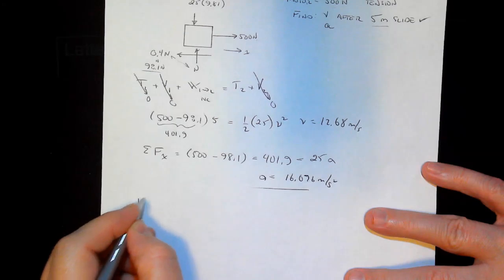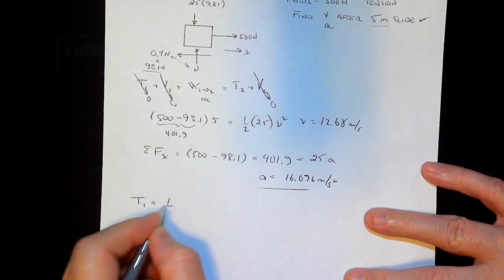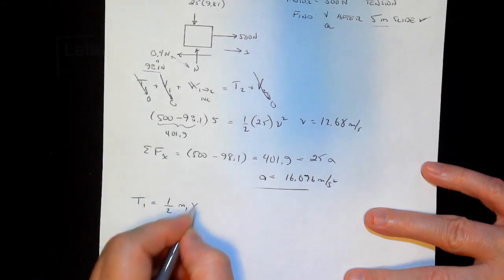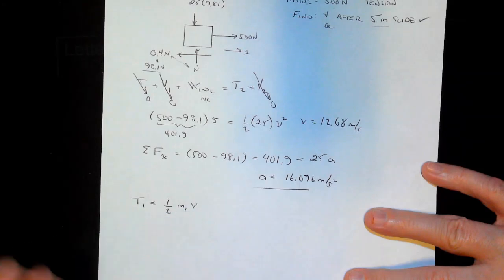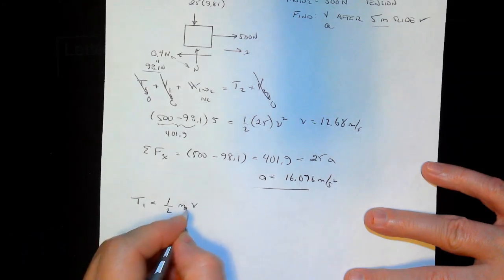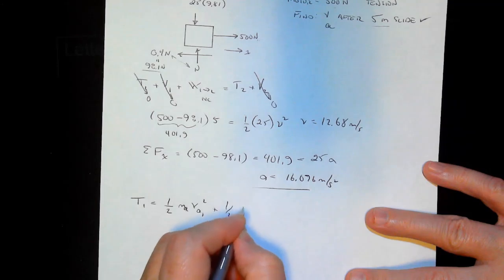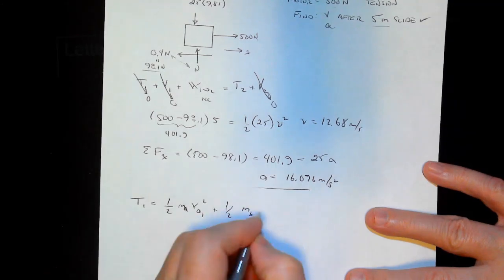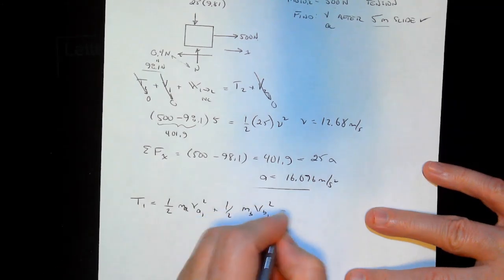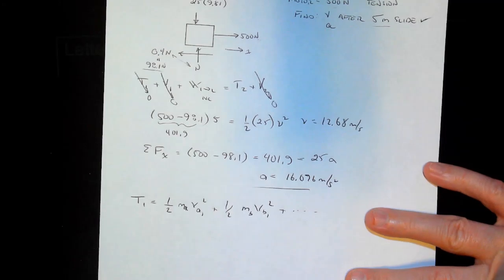You would simply say T at state 1 would be 1/2 mass A, VA1 squared, plus 1/2 mass B, VB1 squared, if there's another mass, and just add them all up. No big deal.